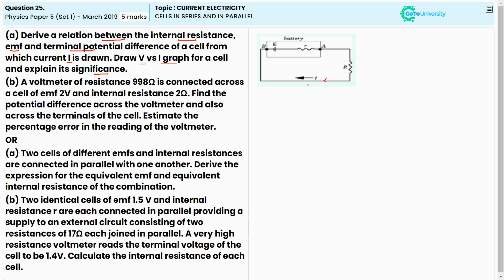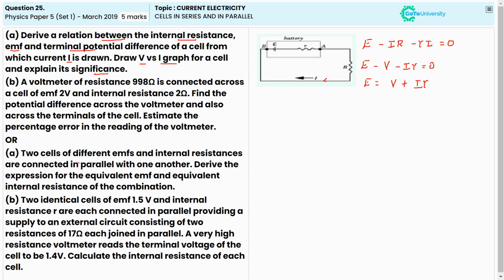Now we know that E minus I into R minus Ir is equal to 0. Then E minus IR is equal to V, so V minus IR... E is equal to V plus Ir. This is the relation between the internal resistance, EMF, and terminal potential.